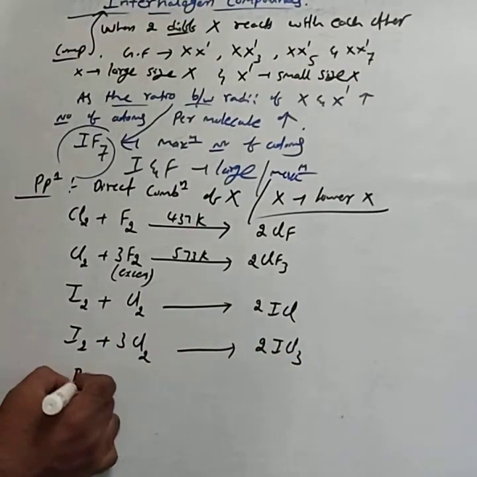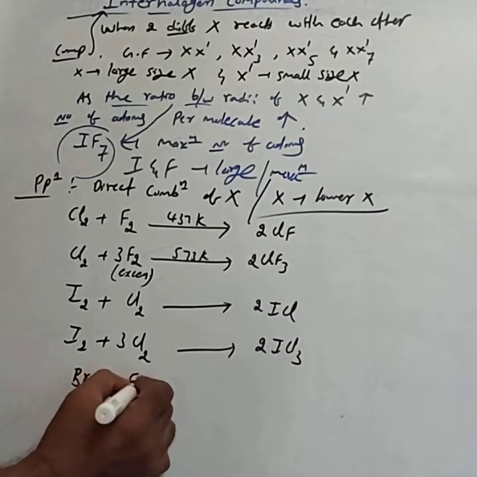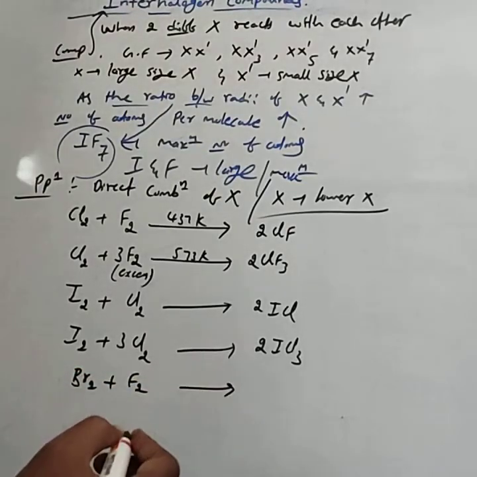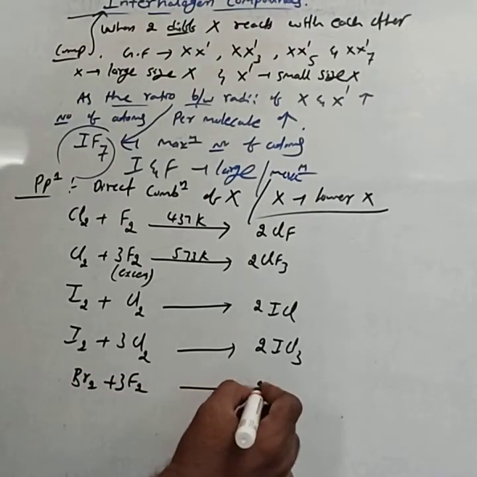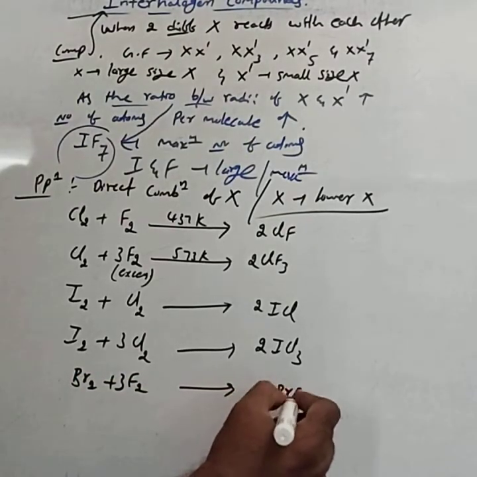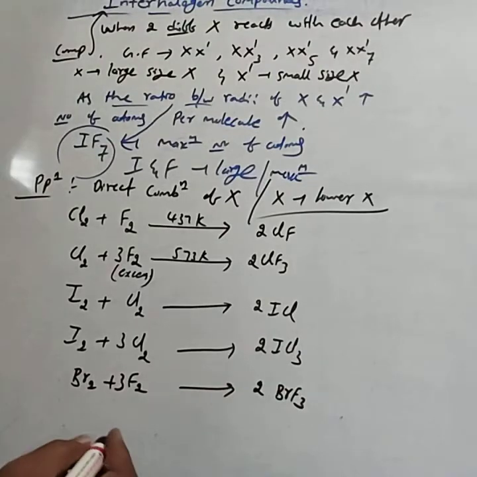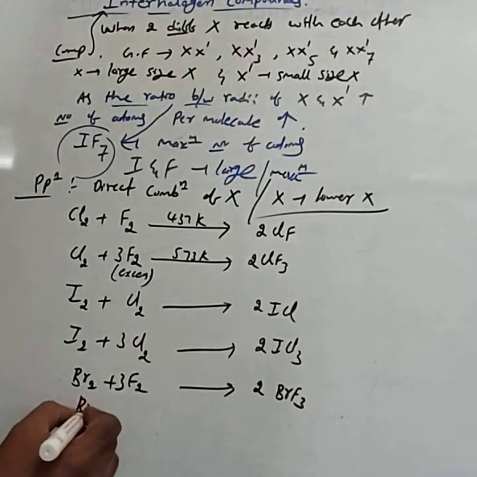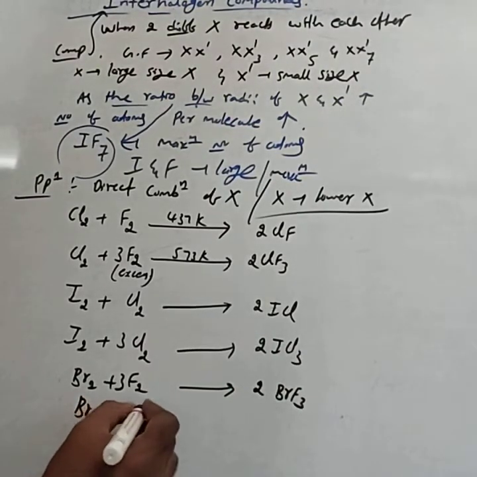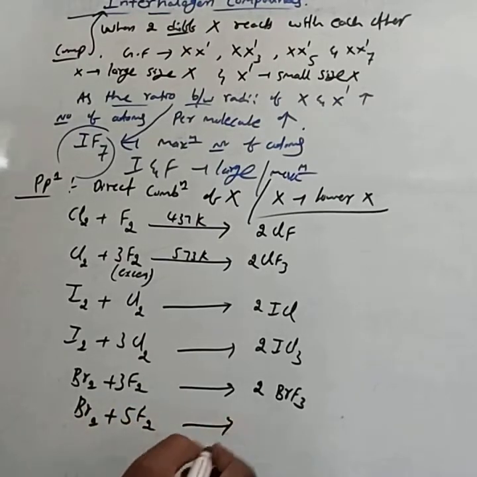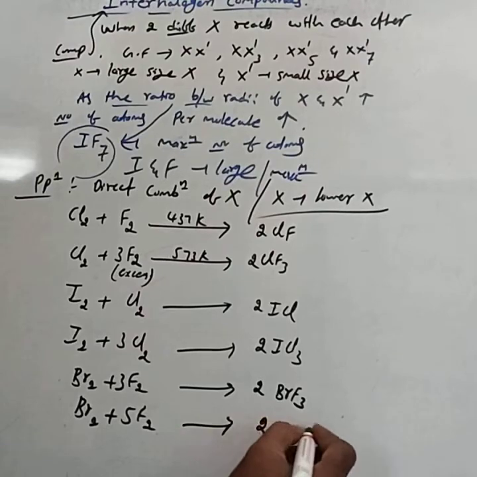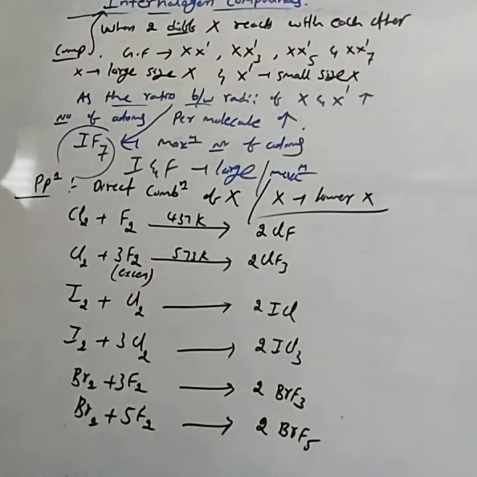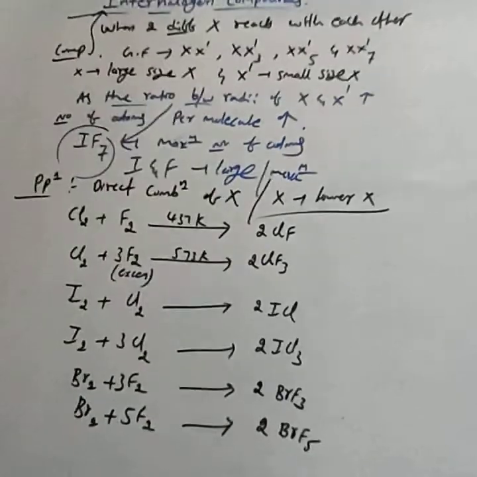Then Br2 plus 3F2 gives 2BrF3, or Br2 plus 5F2 gives 2BrF5. Like this, you can write the preparations of the interhalogen compounds.